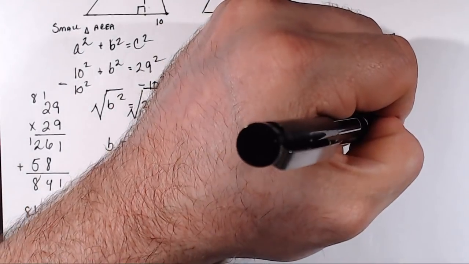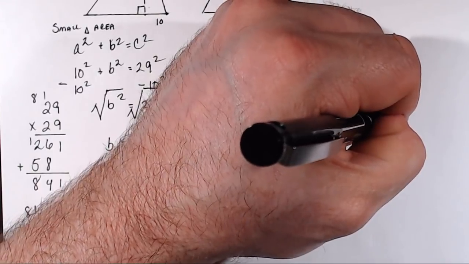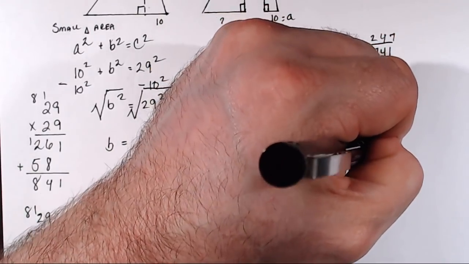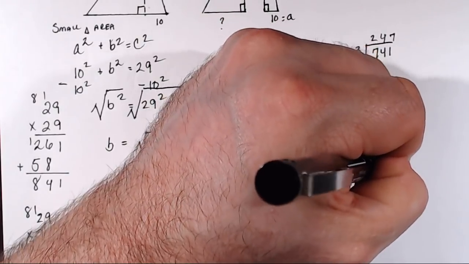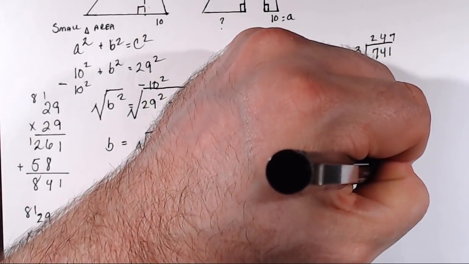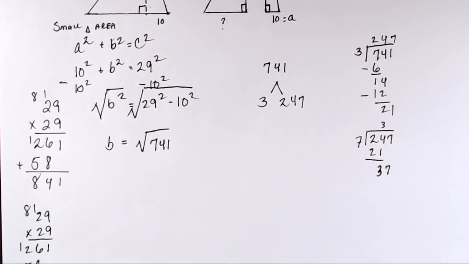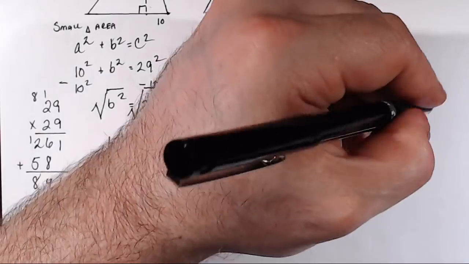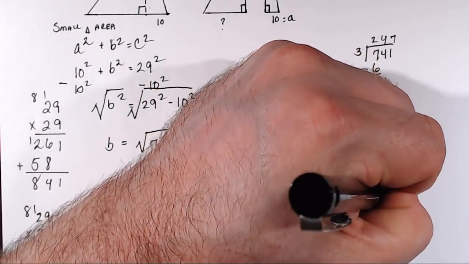7 goes into 24 3 times. 3 times 7 is 21, and 24 minus 21 is 3. Bring down the 7. 7 goes into 37 5 times, but we have a remainder of 2.